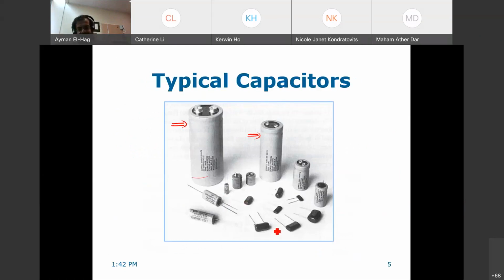And these are some other forms of capacitor. These are what we call ceramic capacitors. They are made from ceramic, and they are used for very high voltage applications. They can withstand thousands of volts. Those ones, on the other hand, store more energy, but they work at a low voltage, let's say at 110 volts. Those work on tens of thousands of volts. So there are different applications for each one.